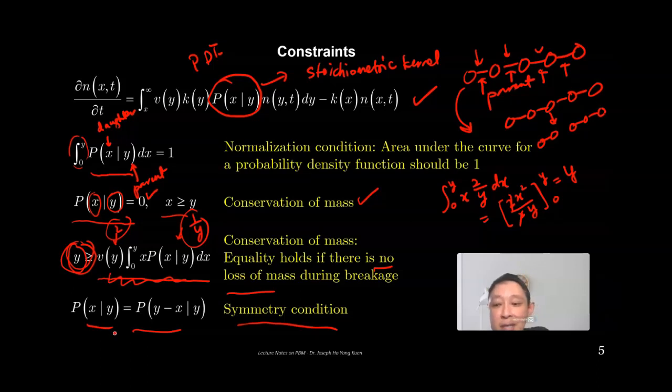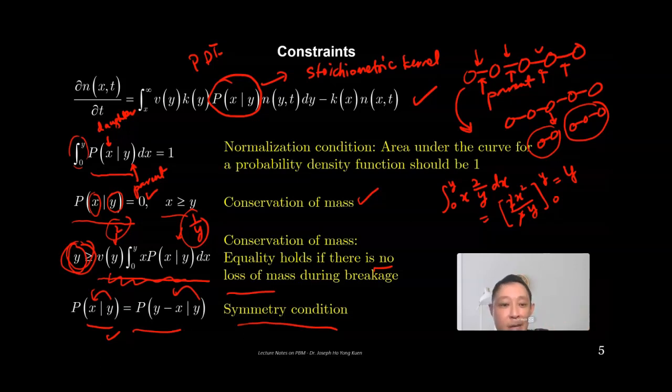What this last condition says is that the probability of breaking into this dimer must be the same as the probability of breaking into this trimer. P of y breaking into x must equal P of y breaking into y minus x, because it must enforce the symmetry condition. You cannot have anything else.